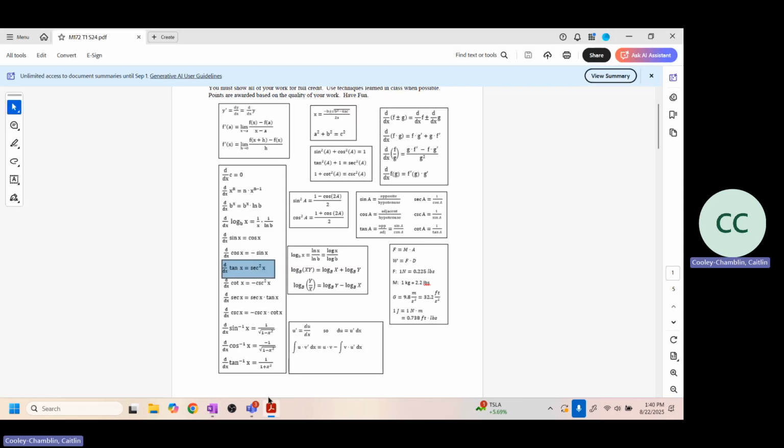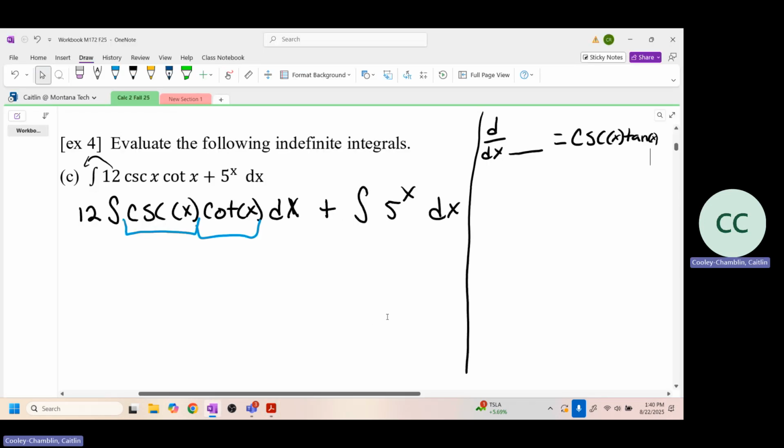And go back to that basic derivative sheet, and we're looking for cosecant cotangent. Well, notice I almost have it. I have the derivative with respect to x of cosecant of x equals negative cosecant cotangent. So I'm going to come down here and write that.